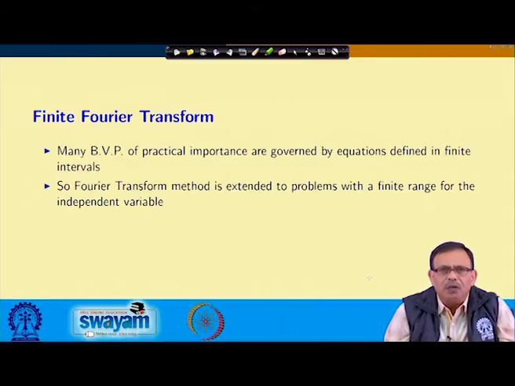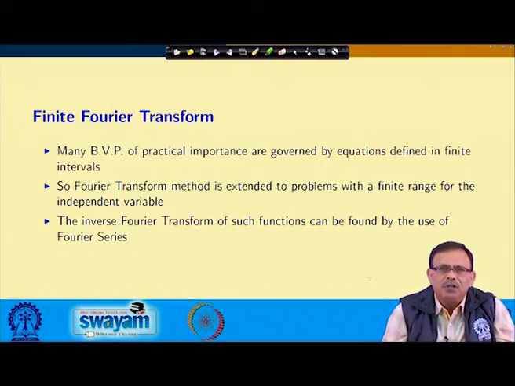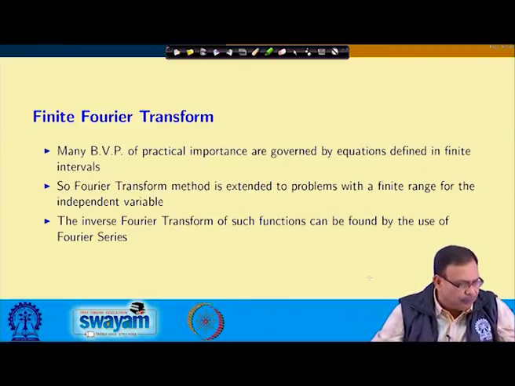Please note that the Fourier transform method we have done earlier will be extended to problems where the independent variable lies in a finite range, whereas the inverse Fourier transform of such functions can be found by the use of Fourier series.